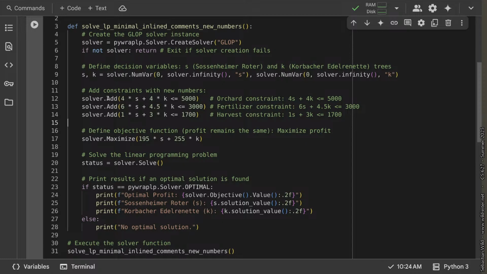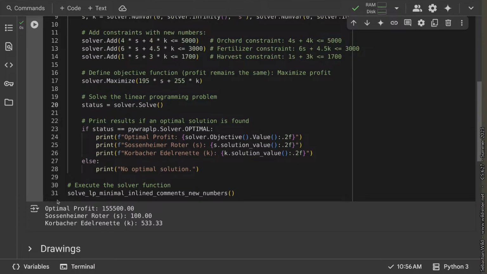It's a pretty concise notation. These are literally the constraints we had on the slide, just typed up in Python. And you tell it what to maximize or minimize, and you say solve. And there's some boilerplate code to get the result, and then it spits out the answer.